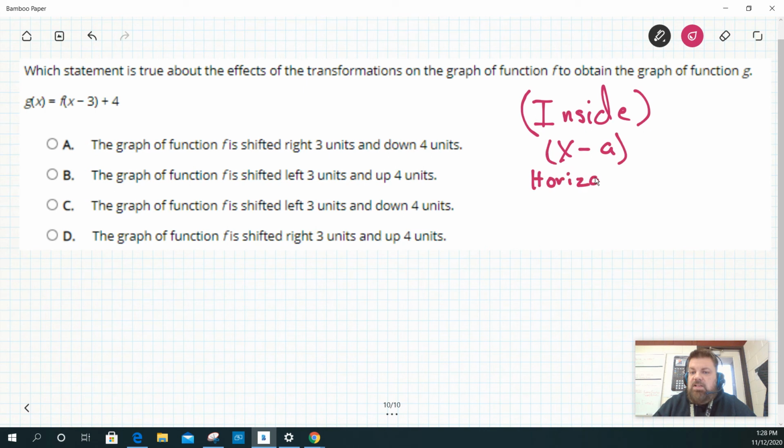That just means that we're moving it left to right. And this one is always going to be the opposite direction. And I'll explain that in a second.